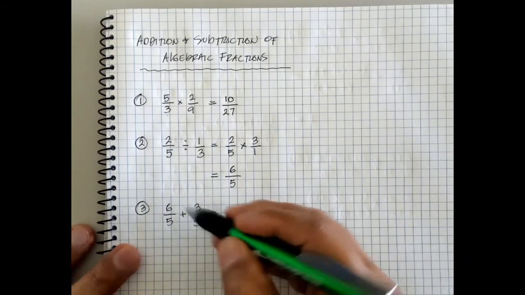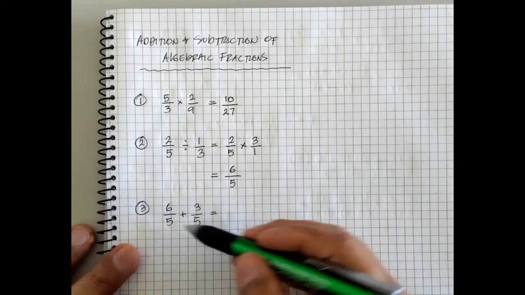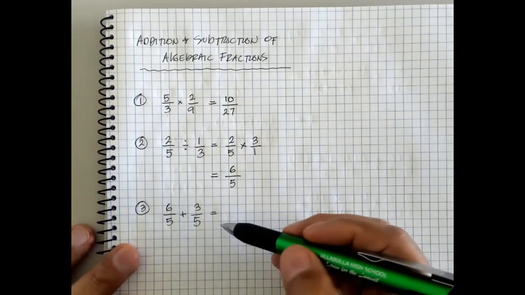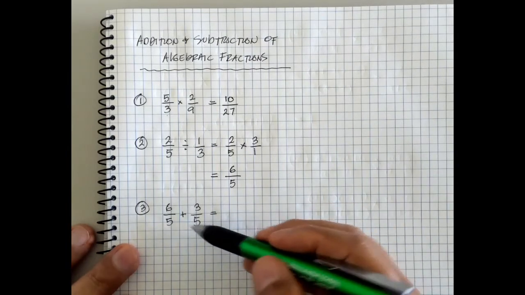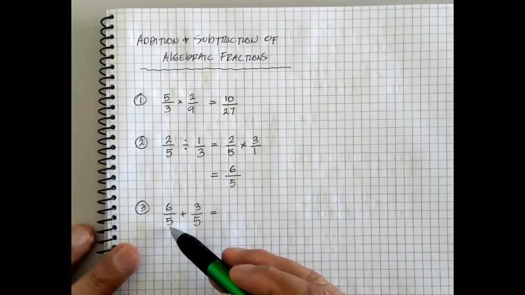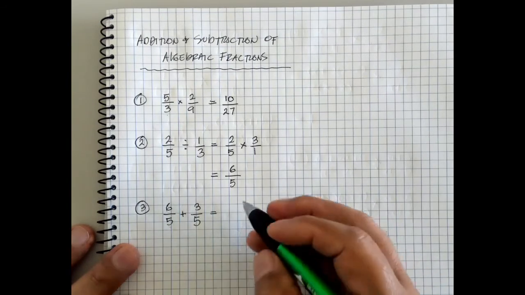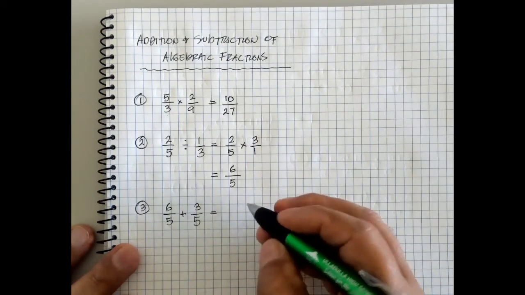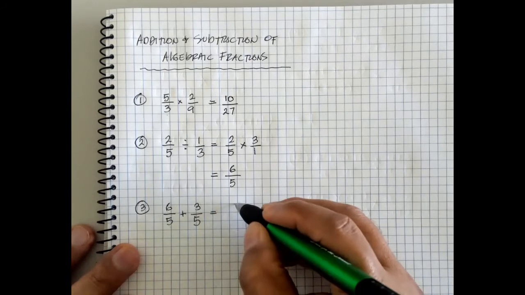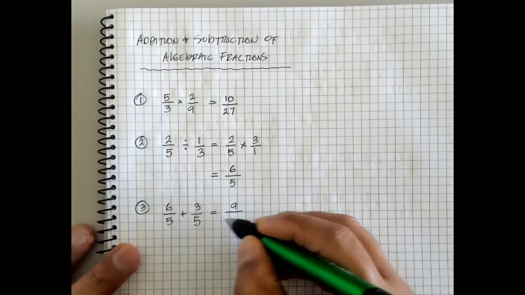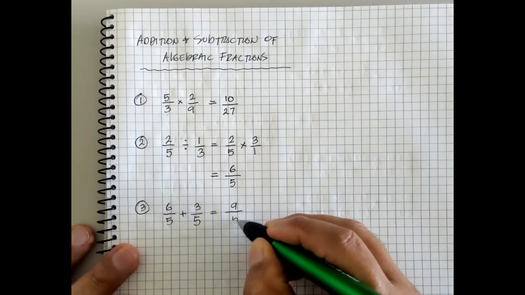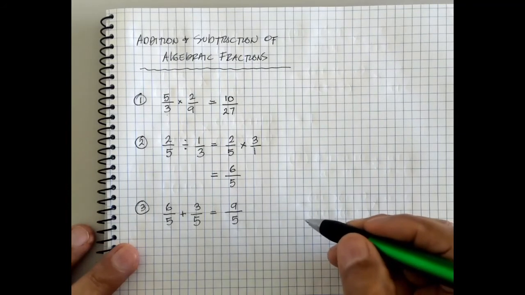These are 2 different fractions, however, we have the same denominator. If we have the same denominator, then we just add the numerators. So we do 6 plus 3, which is 9, and then we divide the answer by the common denominator. So the answer is 9 over 5.